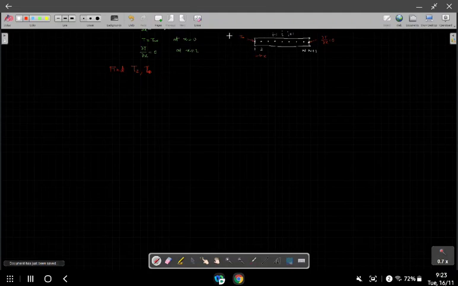So T1 is equals to Tw, T2, T3, T4 up to Tn plus 1 or Tn.